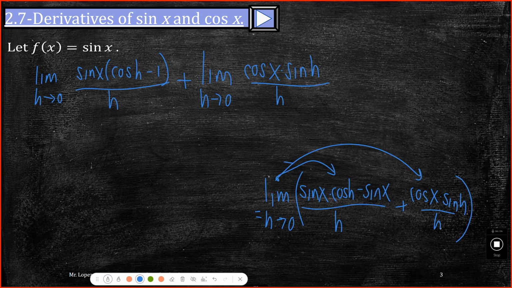So this is the limit as h approaches 0. So this is about h, all these h's. So this sine x is almost like a constant. So that one can come out of this. So that's what I'm going to do next. I'm going to factor out of this sine x.